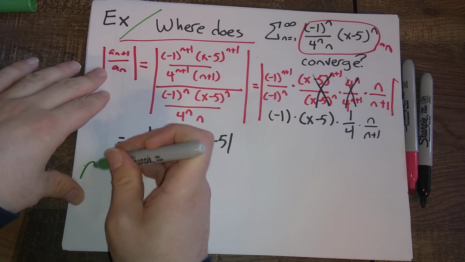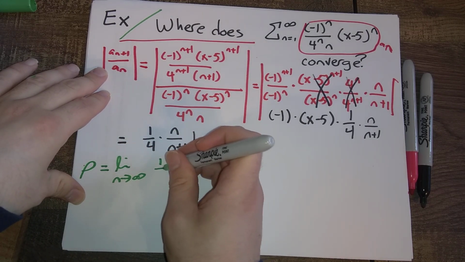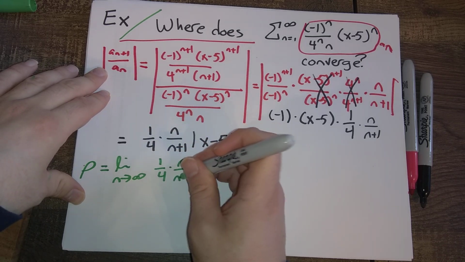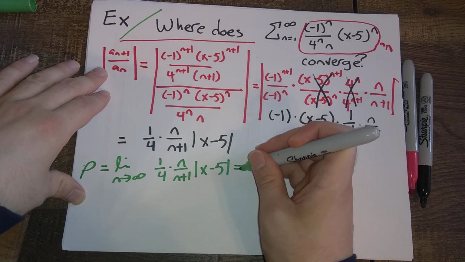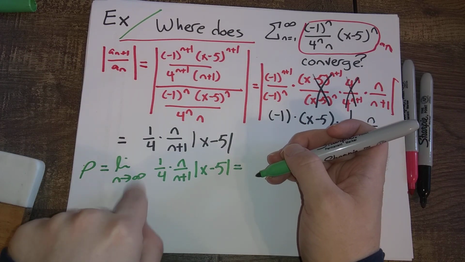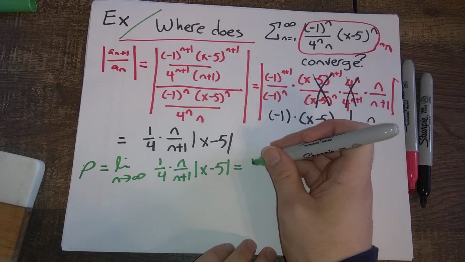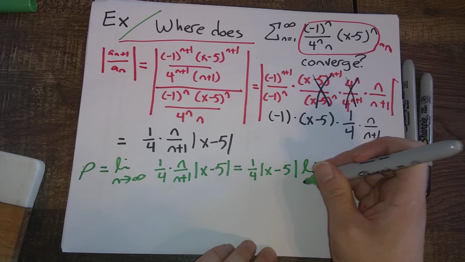So rho is the limit as n goes to infinity of 1/4 times n over n plus 1 times the absolute value of x minus 5. The 1/4 and the absolute value of x minus 5 are constants with respect to n, so let's move them outside of our limit.